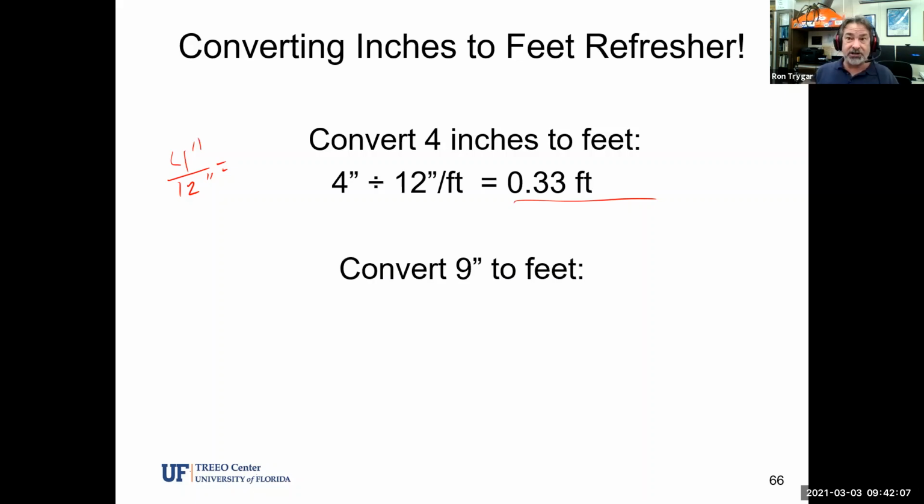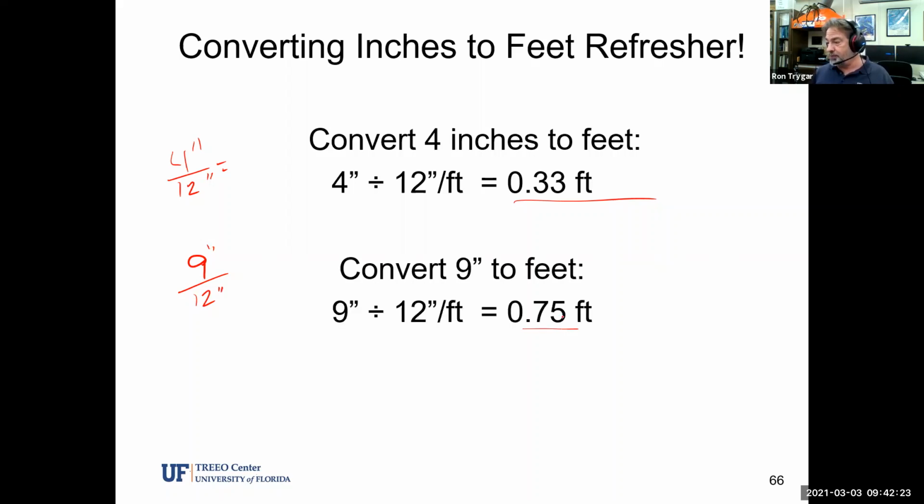We have 9 inches to convert into feet. So 9 inches divided by 12 inches. 9 divided by 12, I get 0.75 feet. So that's 3/4 of a foot. 9 inches is the same as 0.75 feet.